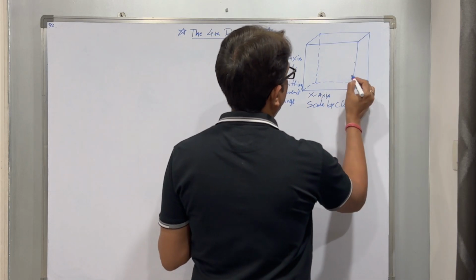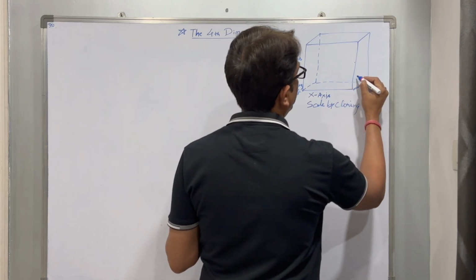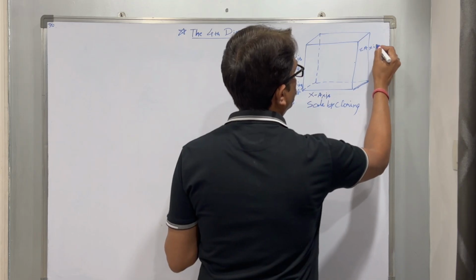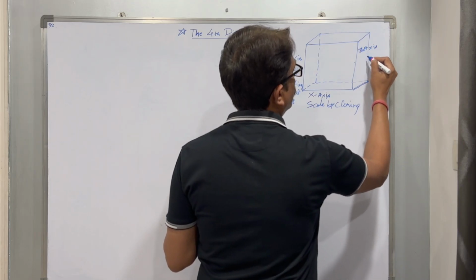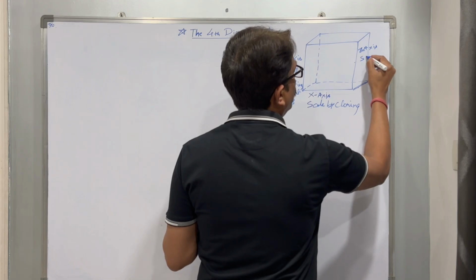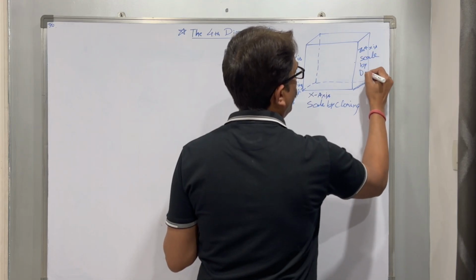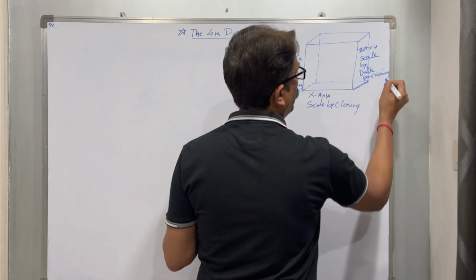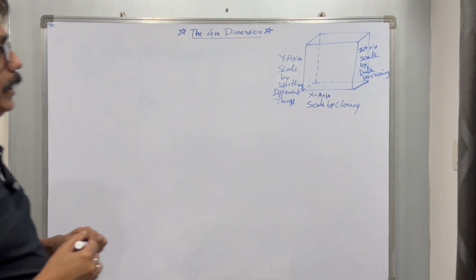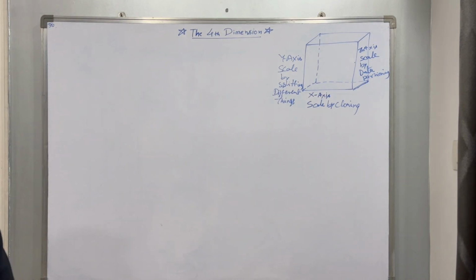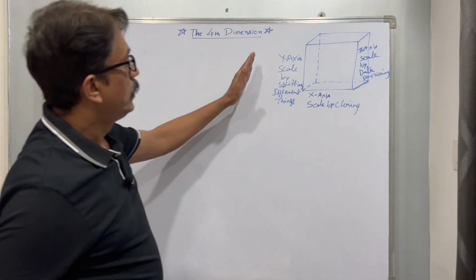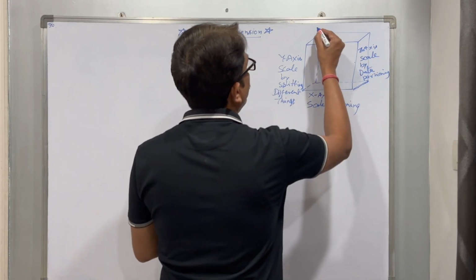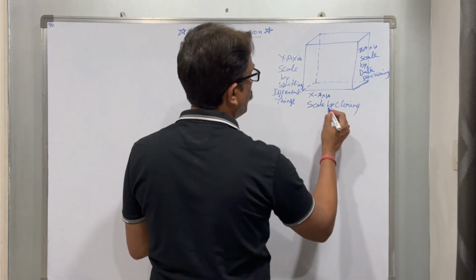And then the z-axis, where we scale by data partitioning, right? So these are the three dimensions of scalability explained by the scale cube concept.